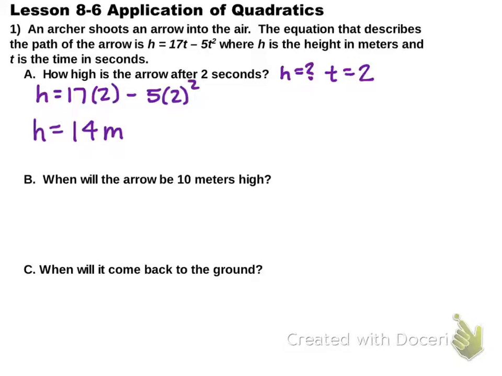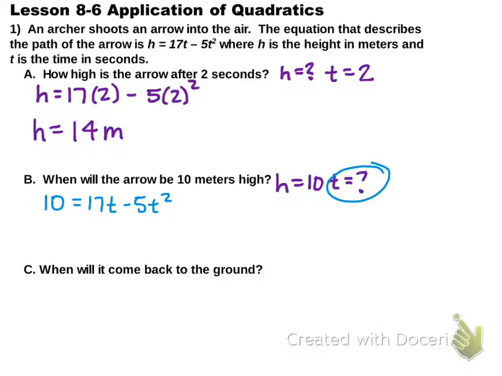It says, when will the arrow be 10 meters high? So I'm wanting to find out what t is when h is 10. So I'm going to plug in 10 for h: 10 equals 17t minus 5t squared. So here's my equation.